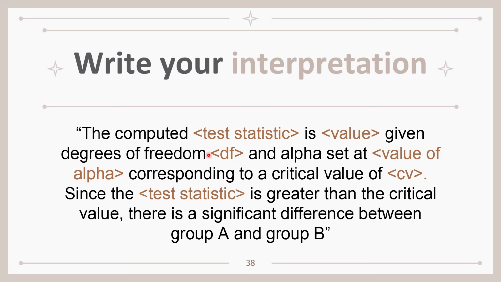Later on, we're going to be talking more about the degrees of freedom. And an alpha set at a value, typically 0.05, corresponding to a critical value of, then you have your critical value over here, which we take from tables of critical values depending on the distribution of your data. Now, since the test statistic is greater than the critical value, there is a significant difference between group A and group B. And therefore, the null hypothesis is rejected or accepted.